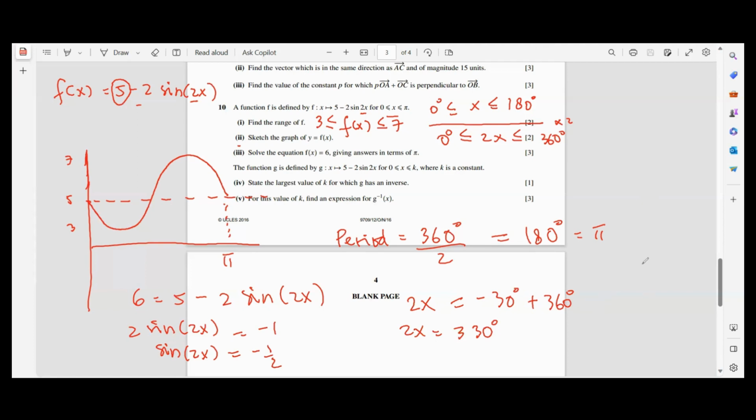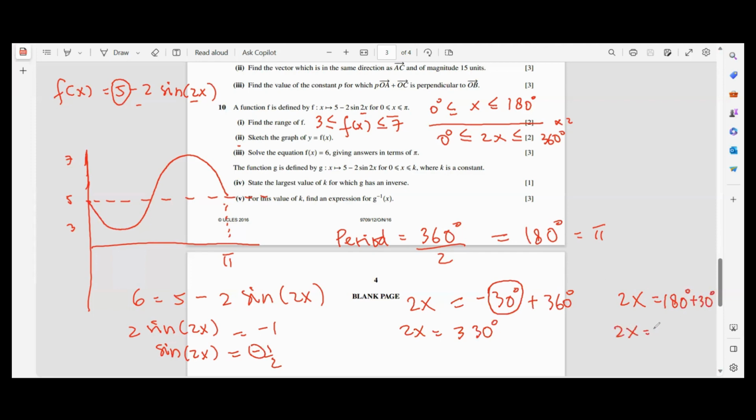Or we can get the other one. The value from the calculator is minus 30 degree, we only take the 30 degree. The quadrant for the negative sine should be the third quadrant. Third quadrant, it should be 180 degree plus 30 degree.